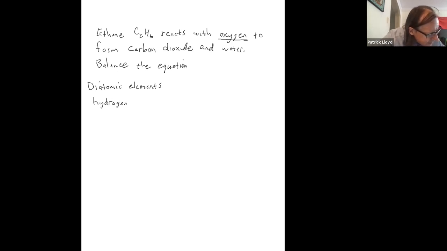So if you see a problem where they don't give you the chemical formula, but they say that hydrogen reacts with, or hydrogen is produced by, you want to write it as H2. It's called a diatomic element. When we get into chemical bonding later in the semester, we'll see why it's H2 and not just H. But there are 7 of these diatomic elements. Nitrogen is the second one.